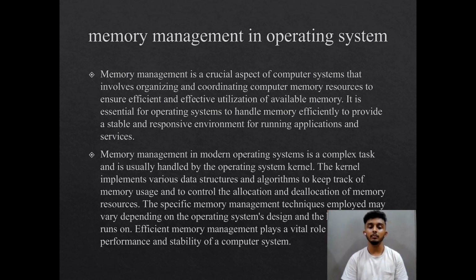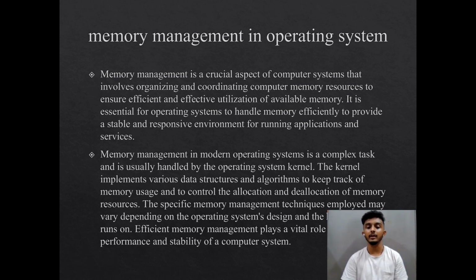The kernel implements various data structures and algorithms to keep track of memory usage and control the allocation and deallocation of memory resources. The specific memory management techniques employed may vary depending on operating systems, designs, and the hardware it runs on.